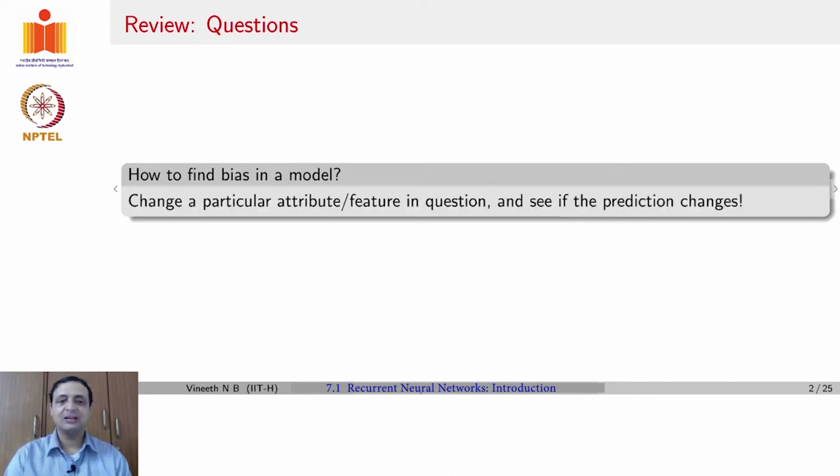A simple check is if you think there could be a particular feature or an attribute, such as, say, the background of a particular person, then you could change that attribute in your input and see if the prediction changes.